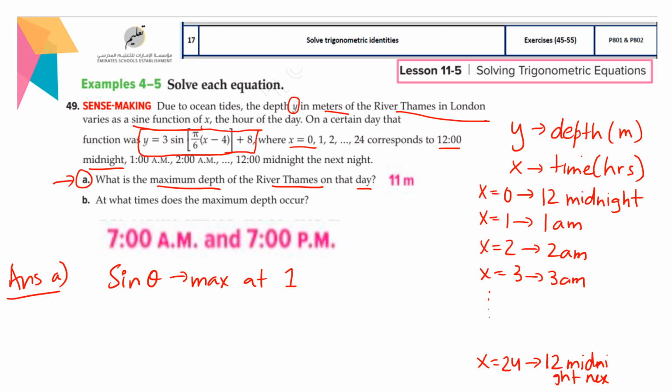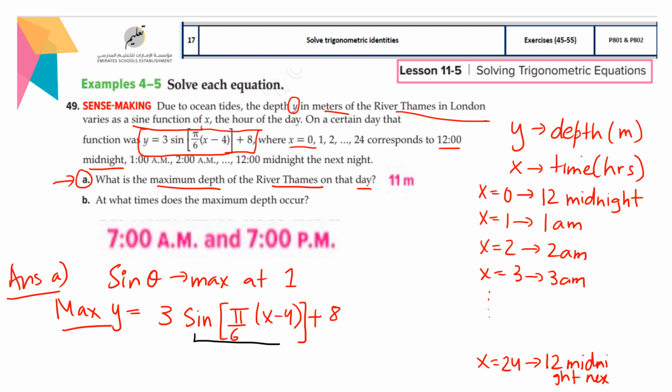So if I want the maximum value for y, the depth for part A, that means 3 times sine, I will write the formula first, which is given in the question. This is the formula. Now this will be maximum when sine is maximum. I hope you understand. And this sine maximum value can be 1.